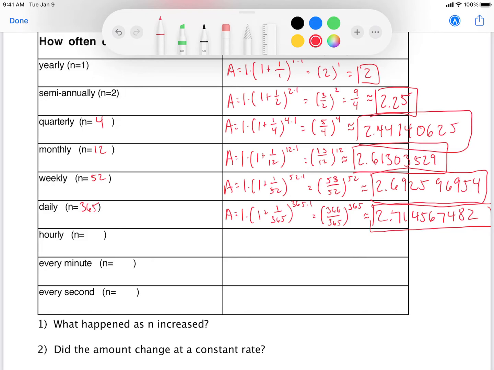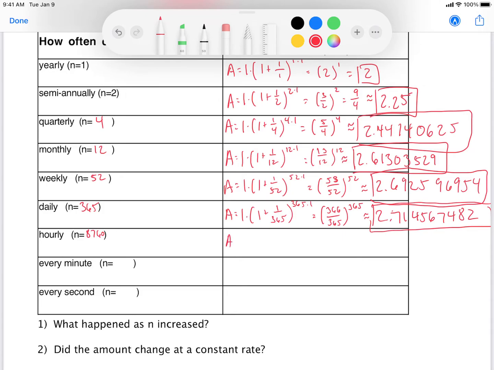What about hourly? What is the number of times it compounds in a year if it compounds hourly? 8,760. Perfect. 8,760. Okay?